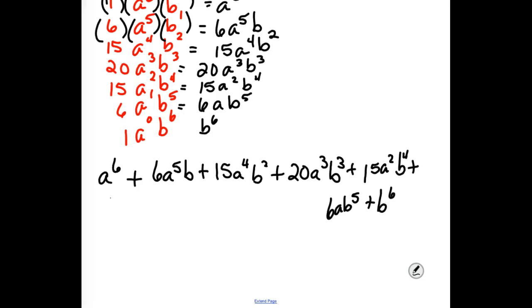What makes it tricky is that we don't always have just a plain a and a b. I could say take 4x plus 7 to the 5th power. Yes? You're going to follow the same patterns, it's just you don't have a plain a and a plain b. Okay? I like to write them out in rows like this, so each term is a separate row.